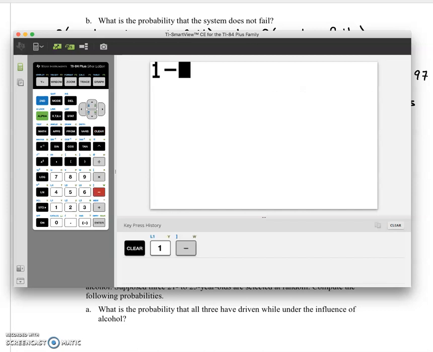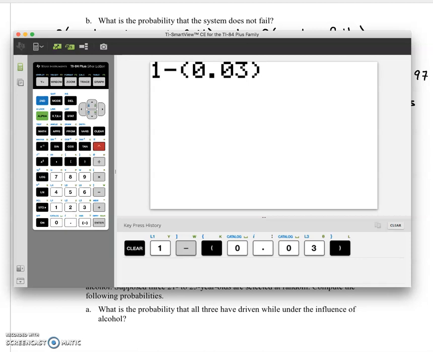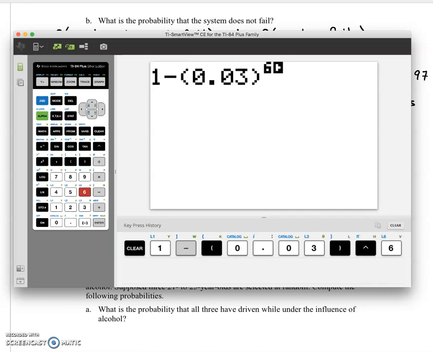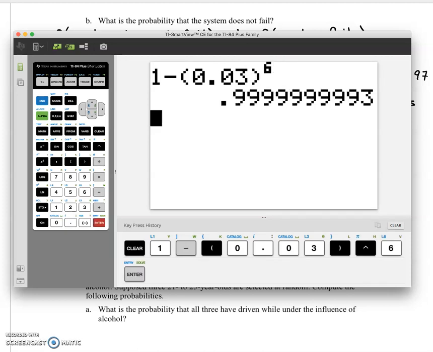So 1 minus 0.03 raised to the 6th power. Okay. We now have 9 nines followed by a 3.